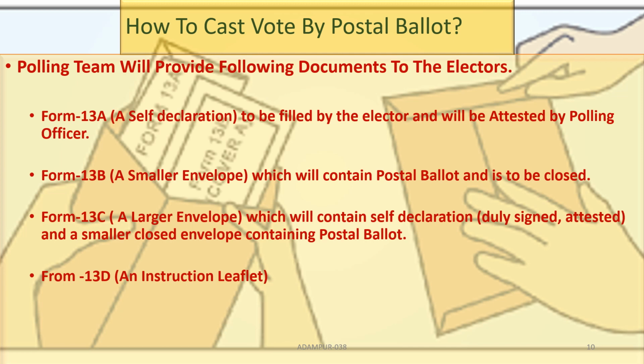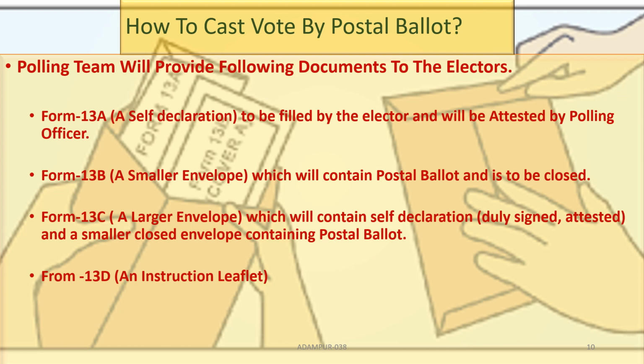How to cast the vote by postal ballot? The polling team will provide the following documents to the electors. Form 13A, a self-declaration to be filled by the elector and attested by the polling officer.